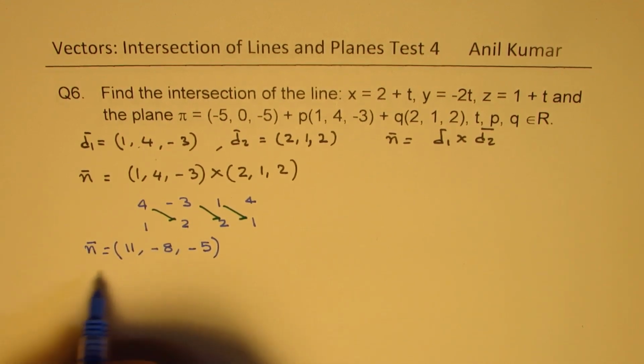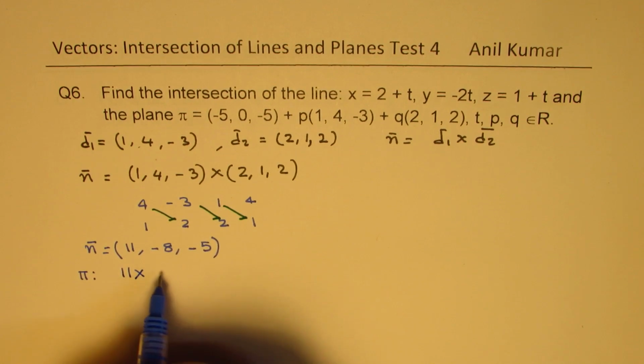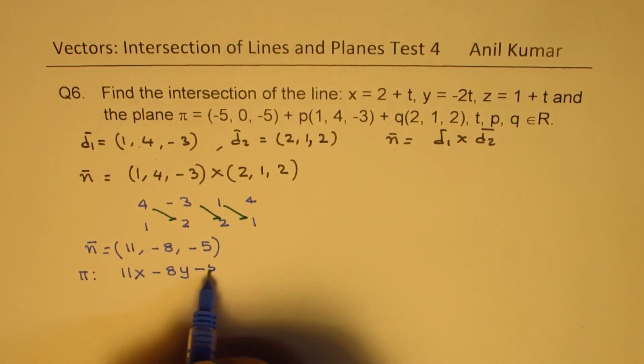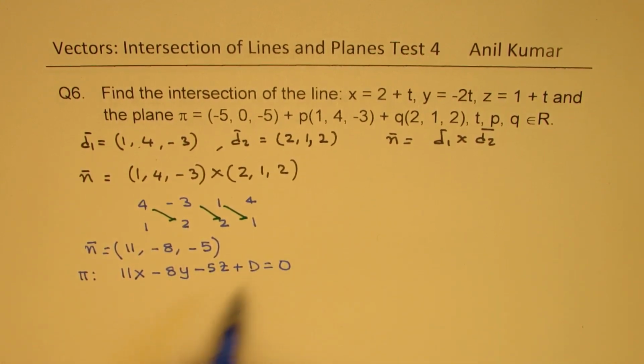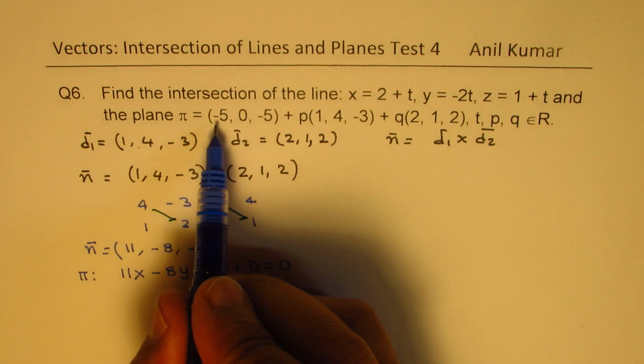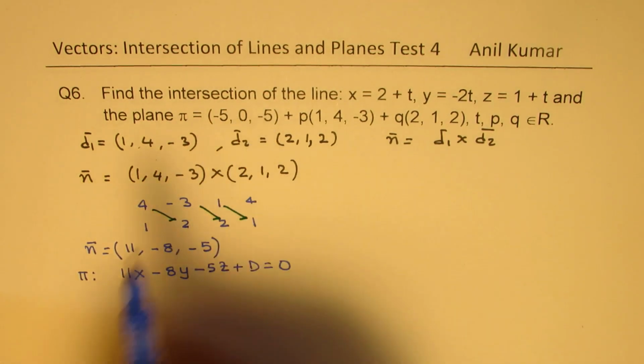Now that we know the normal vector, we can write the equation of the plane in Cartesian form as 11x minus 8y plus minus 5z plus d equals 0. Now to find the value of d, we'll use the point (minus 5, 0, minus 5).